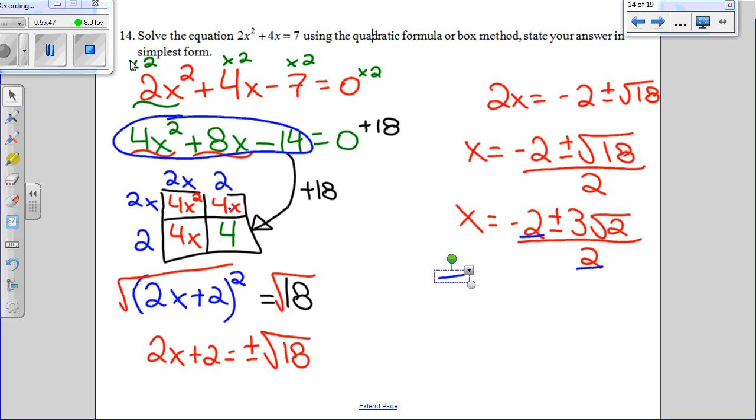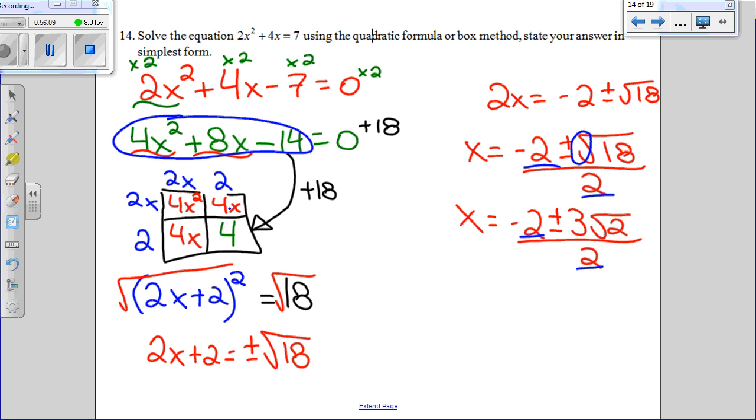The coefficient of this radical is a 1. You would have to also divide that by 2 to be able to do that. So you can't. So this is your final answer, because not all of the coefficients can be divided by the same number. Only some of them can be divided by 2.